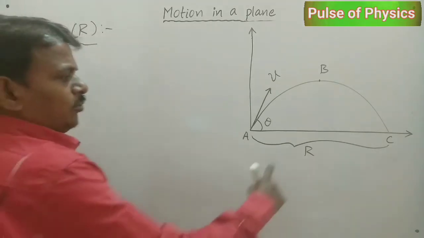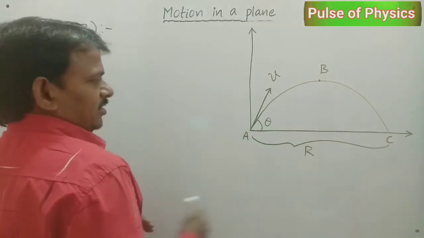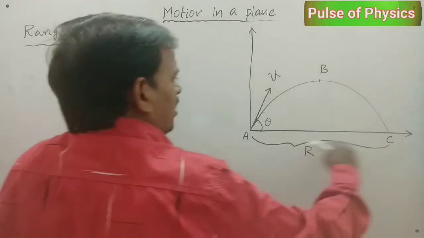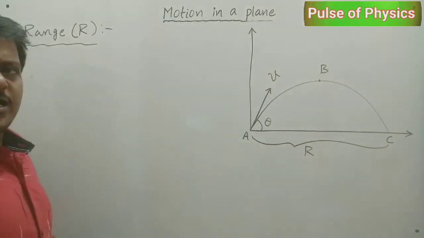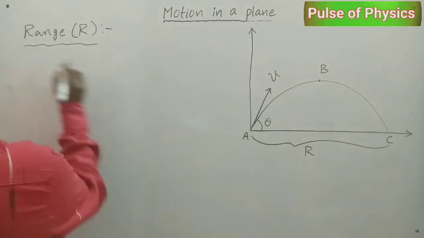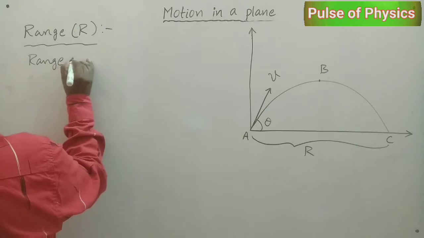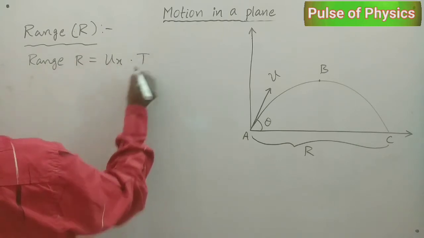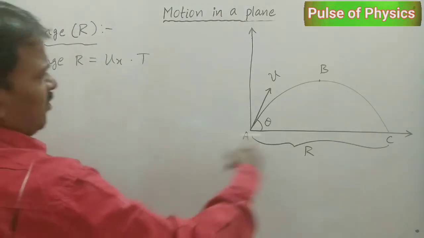Okay, so how to find this range? Horizontal displacement: to find this, we have to take the horizontal component of velocity and the total time taken by the projectile. See, this range R is equal to ux into t, the horizontal component of velocity and t, the time of flight.